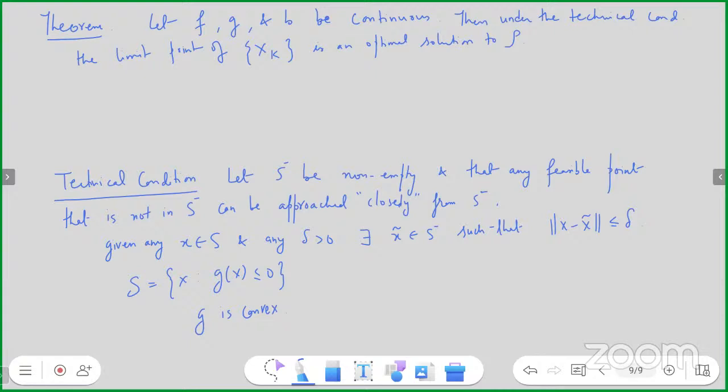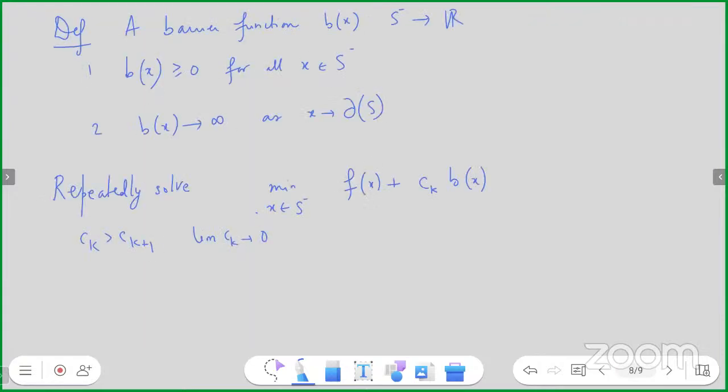The theorem statement is more or less identical. All I need is this extra technical condition. What is this x_k? x_k is the sequence which is repeatedly solving, so x_k is nothing but the argmin of this. That's all.